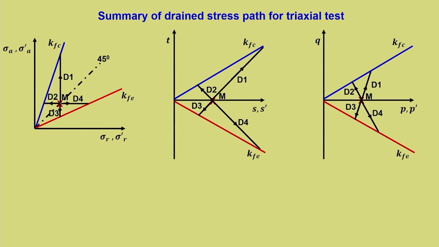Whereas, for D3, you can see that the failure occurs quite fast, even though the starting point is the same, and that is true for all other stress path representations. So, this stress path representation also gives insight that with the same initial point, depending upon the manner in which the stress changes, the failure condition also changes.